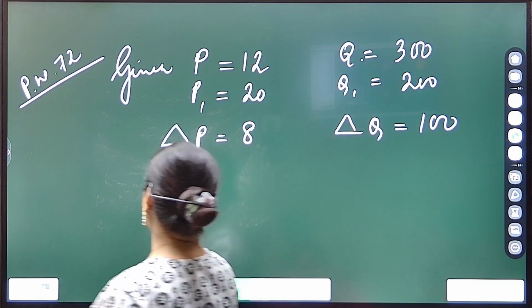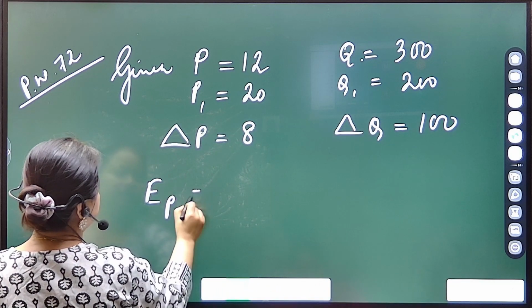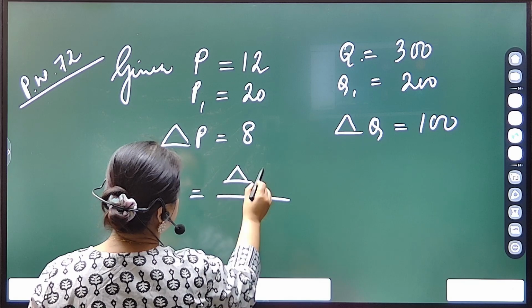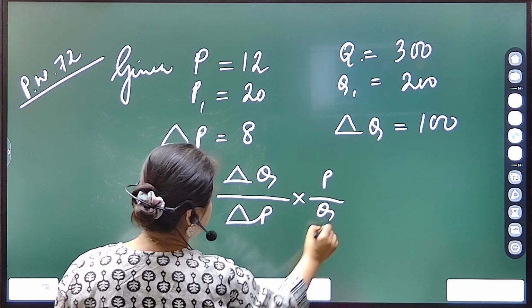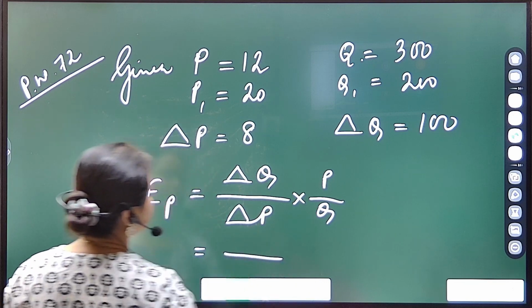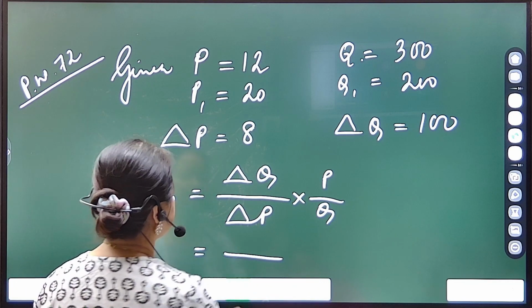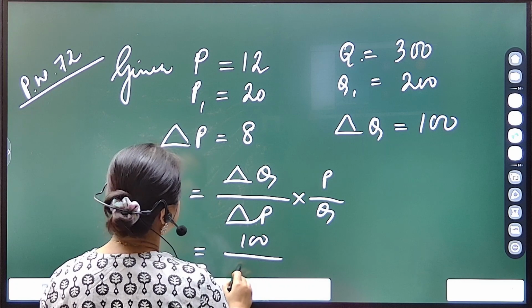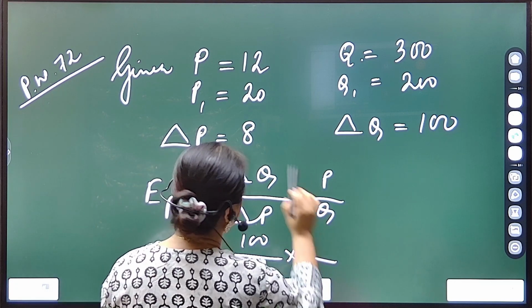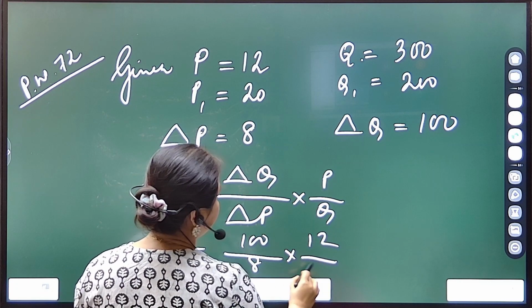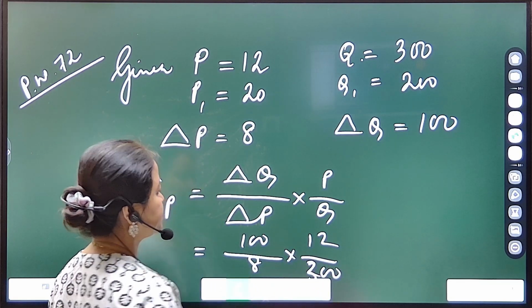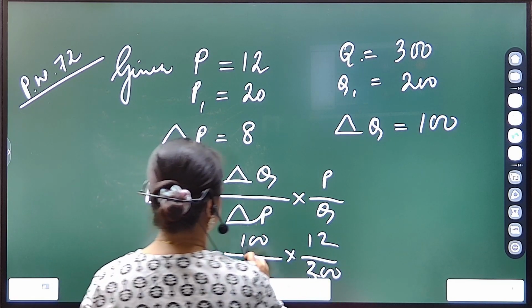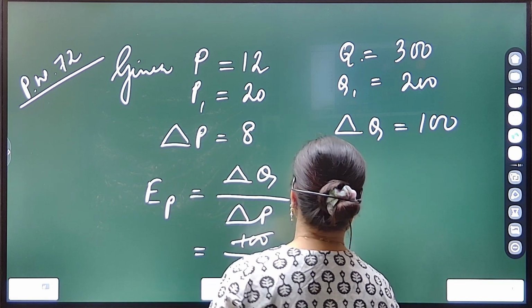So we are required to calculate what? EP. So what is the formula? Change in Q by change in P into P by Q. So here, change in Q is 100 by 8 into P is 12 by 300.